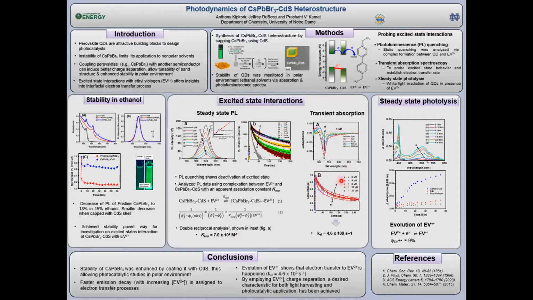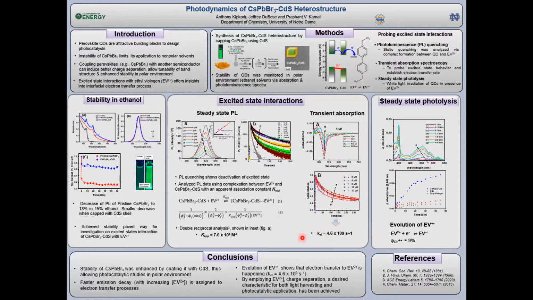Increase in concentration shows that there is faster recovery of the bleach, which indicates that again this is an introduction of a faster pathway, that in this case we are saying an electron is being transferred to ethyl viologen, and in that case you can now shuttle it to another system.